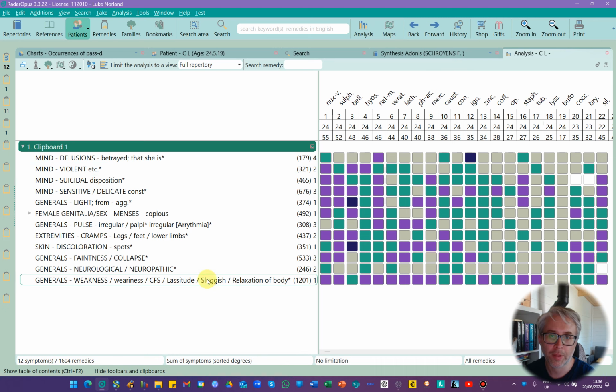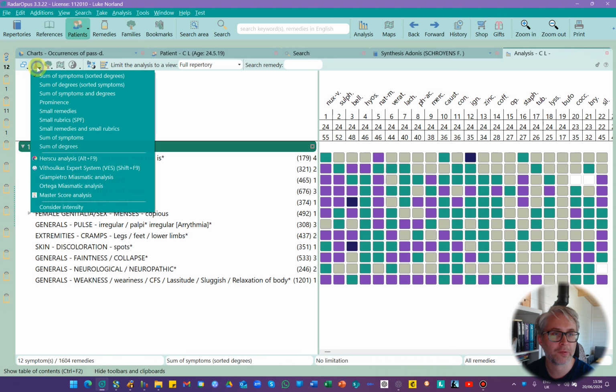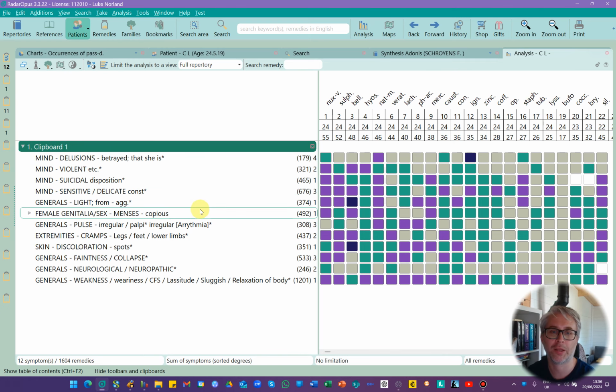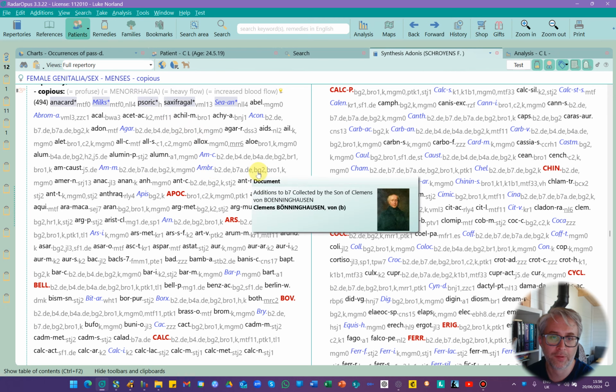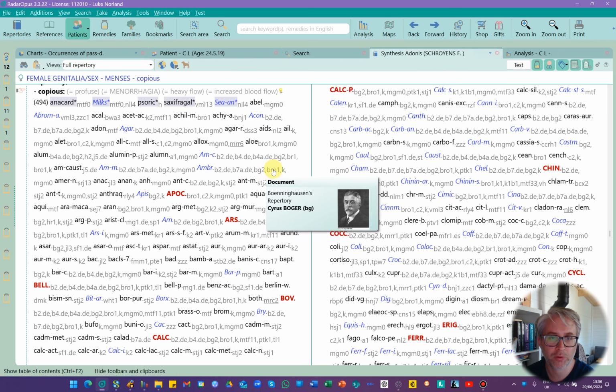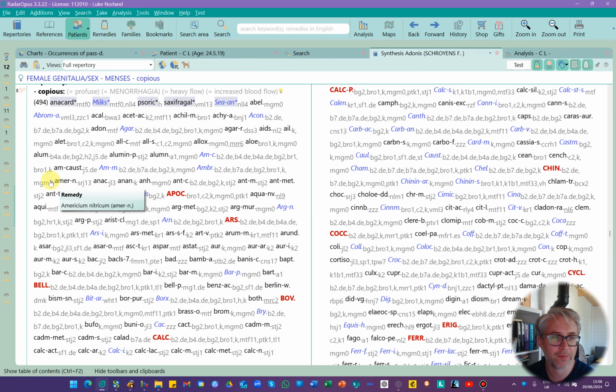So the master score uses the algorithm prominence, but it also adds an interesting factor of like an author verification score, if you like. So you see here in the rubric for copious menses, we have ambrogrysia mentioned in the Boninghausen repertory, also the Boja repertory, Berwick, Kent, and by Massimo Mangialavori clinically.